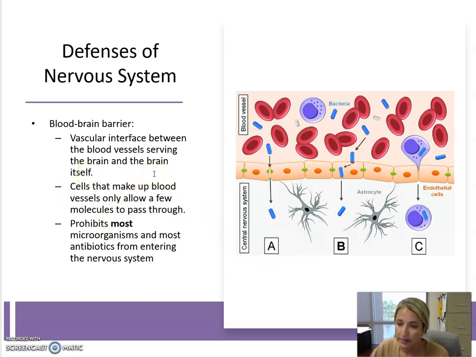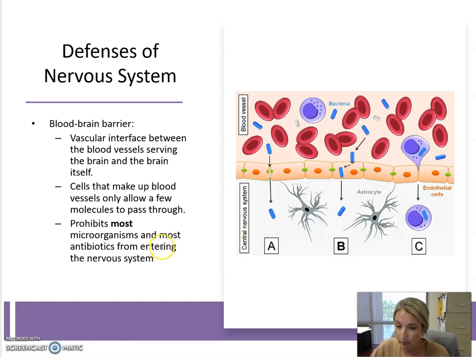So basically, if an infectious pathogen got into the blood and then went towards a blood vessel within the brain, it is relatively difficult for it to escape the blood vessel and then infect the brain tissue. Not impossible. If it was impossible, then we wouldn't have anything to talk about in this lesson.